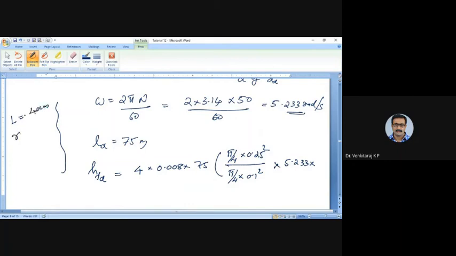So crank radius will be 20 centimeter. So this into 0.2 whole square, divided by 2 into 9.81 into 0.1.